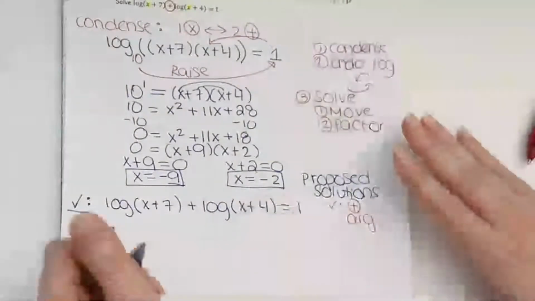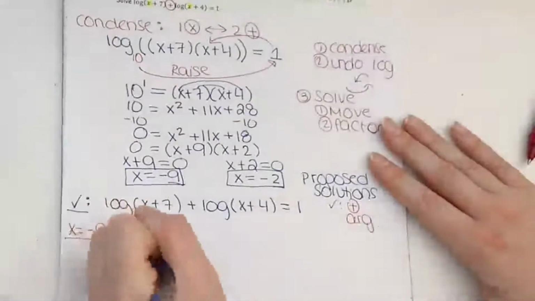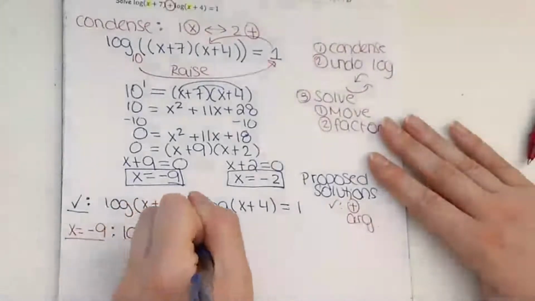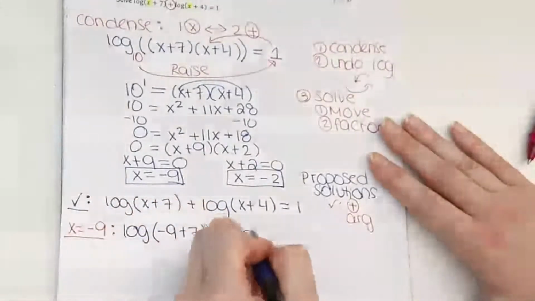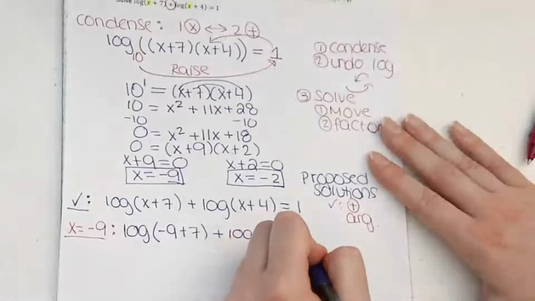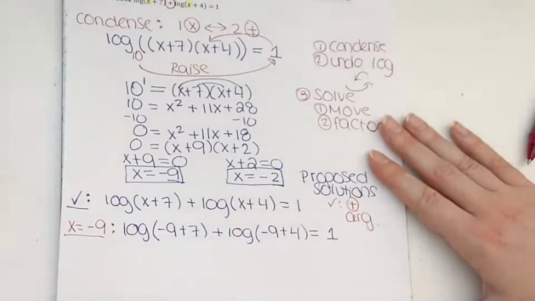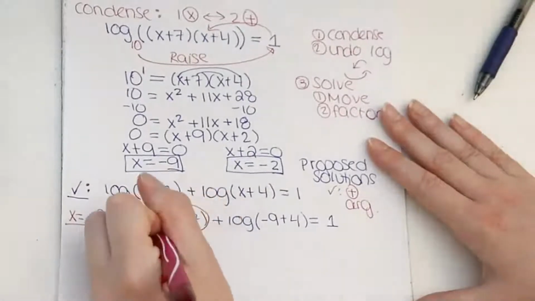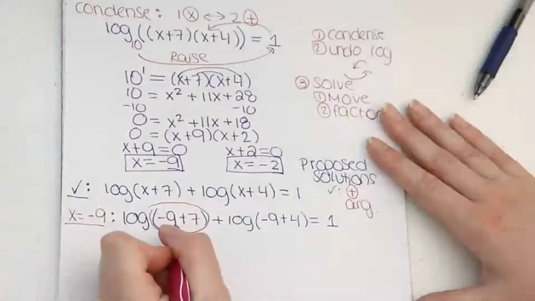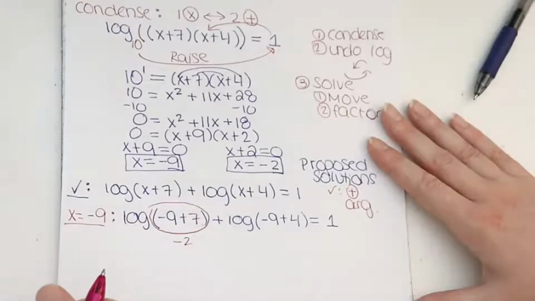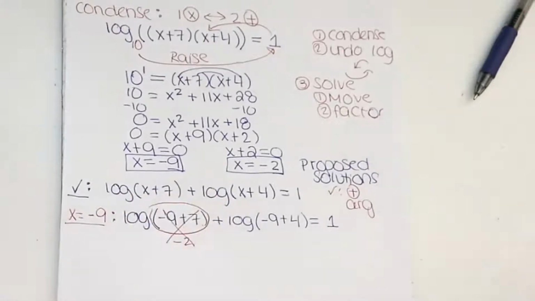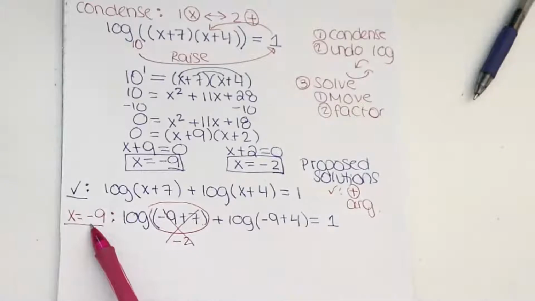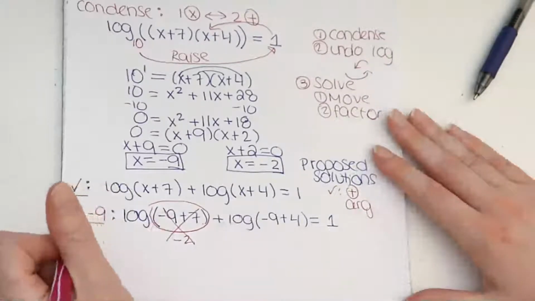So you'll have log of negative 9 plus 7 plus log of negative 9 plus 4 is equal to 1. And again, all you're after is, is this argument positive? Here you have negative 9 plus 7, that gives you negative 2, and that is not a positive argument. That negative 9 is not going to work for us. So negative 9 is not a solution.